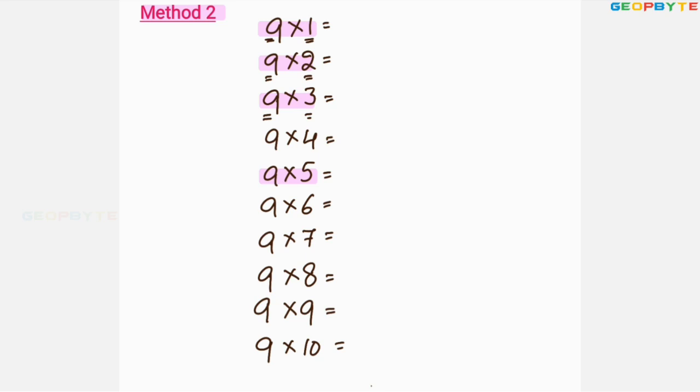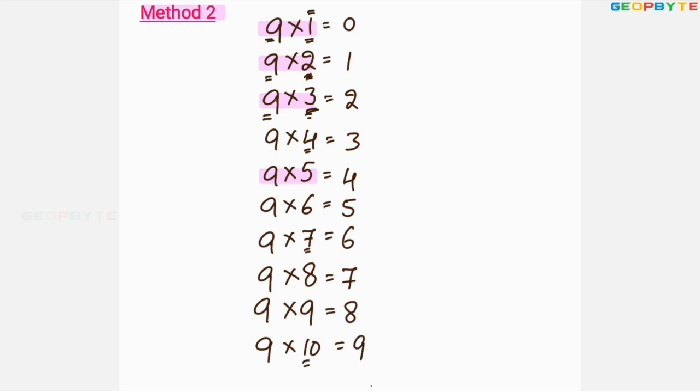For all these digits, write just one less than that value. 1 minus 1, 0. 2 minus 1, 1. 3 minus 1, 2. 7 minus 1, 6. 10 minus 1, 9.